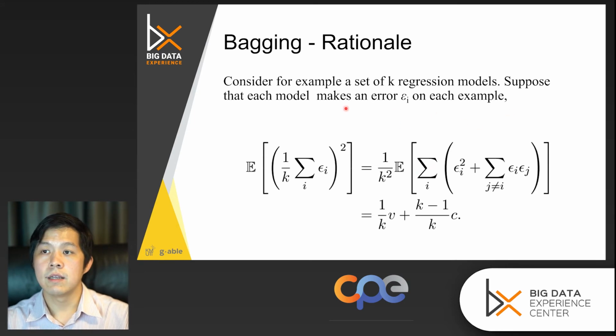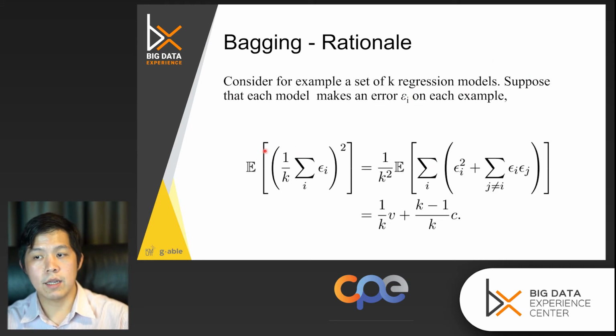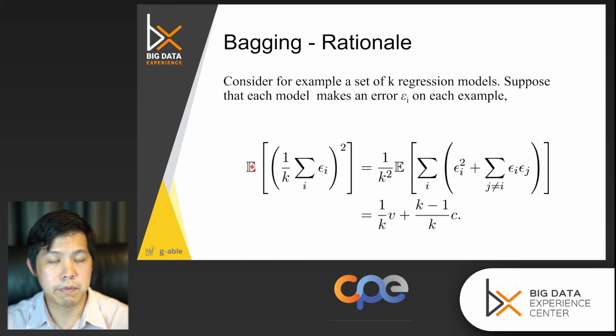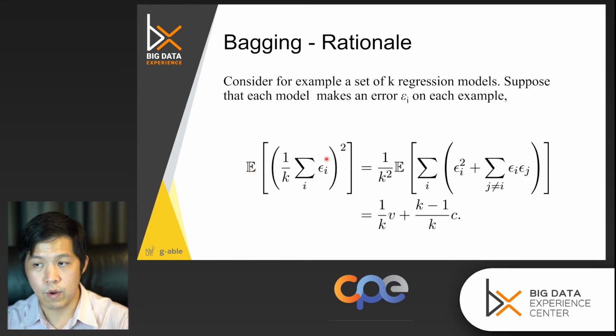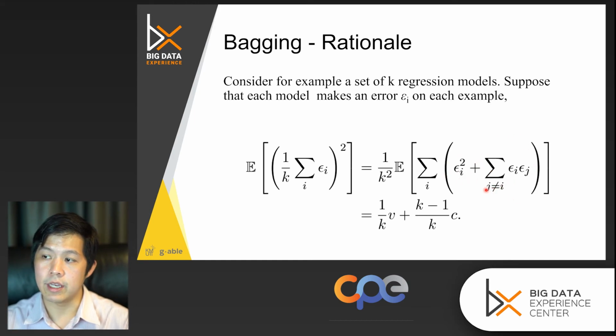The reason that having multiple regression models reduces the errors is that if you take a look at the expected value of the error squared, it comes from the error of example i, the summation of the error of example i, plus the mismatch in the case that j is not equal to i.